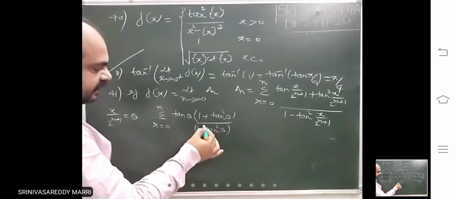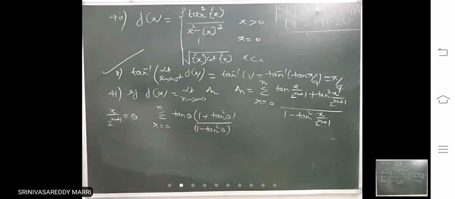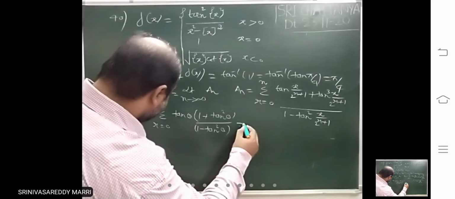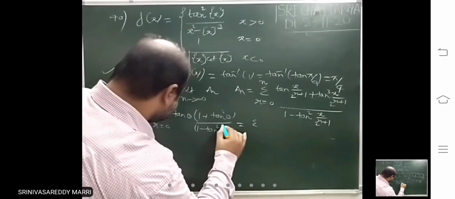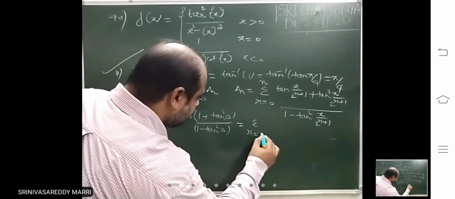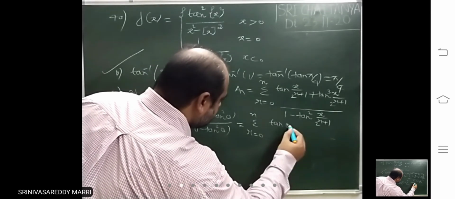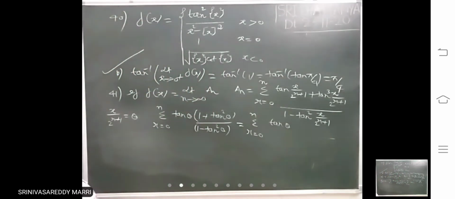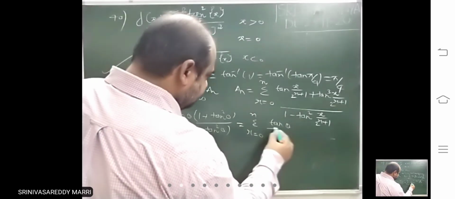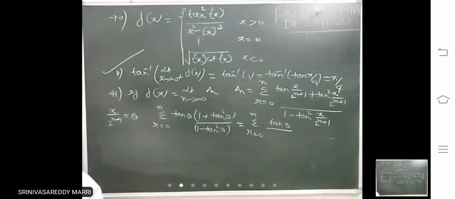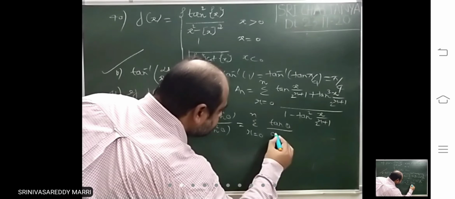You know that 1 minus tan square theta divided by 1 plus tan square theta is cos 2 theta, multiple angles formula. This is the reciprocal of that. So sigma r equals 0 to n of tan theta divided by cos 2 theta.